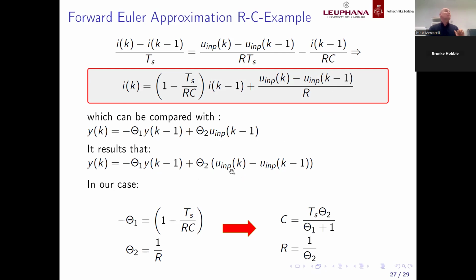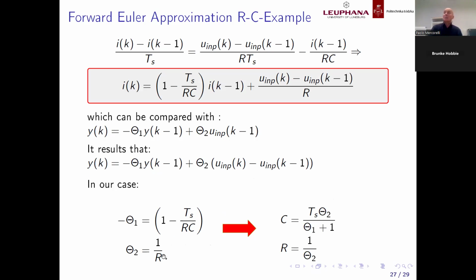I need U input of K, but it's possible because, as before, the system consists of first order, just 1 differential equation. The window consists of 2 elements: 2 times input, 2 times the output at time K and time K minus 1. In this case, we need not only the U input at time K minus 1, but also the input at time K.